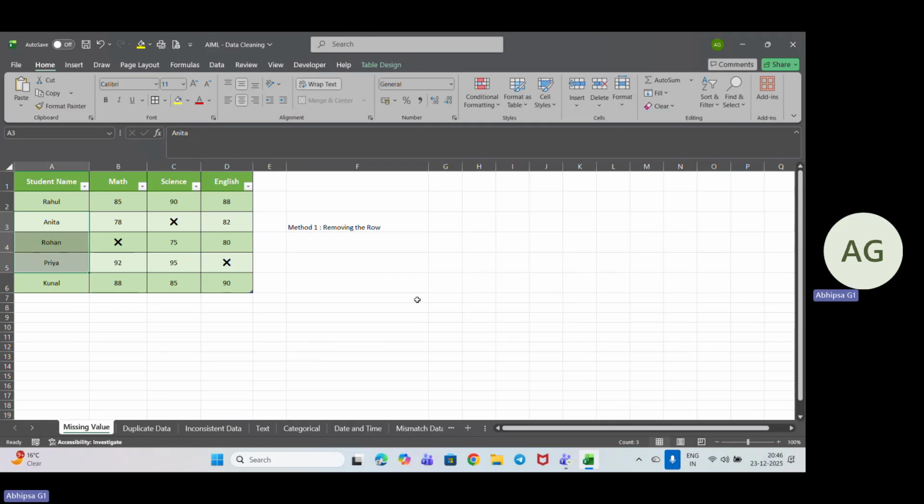But for this data set, this is not the right option, because you can see our data set contains five records, right? Among these five records, we have three records where one data is missing, right? So from these five records, if we are deleting these three records, then there is a problem, right?